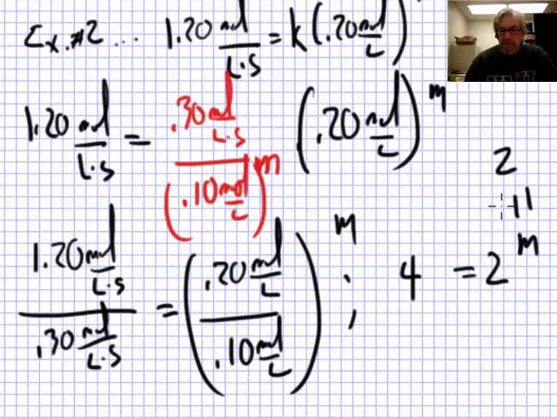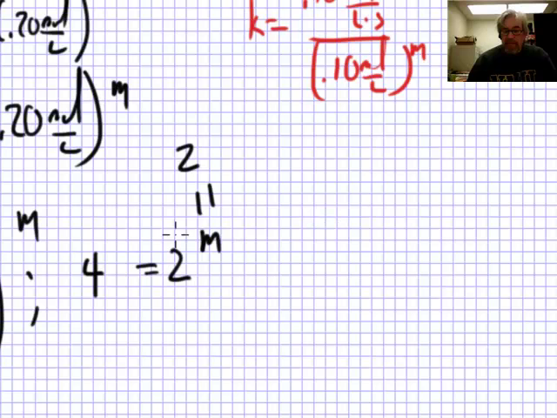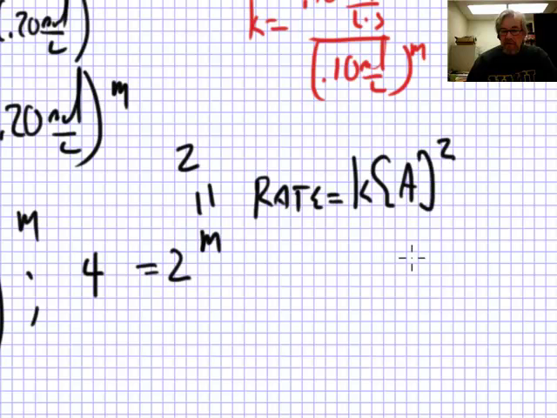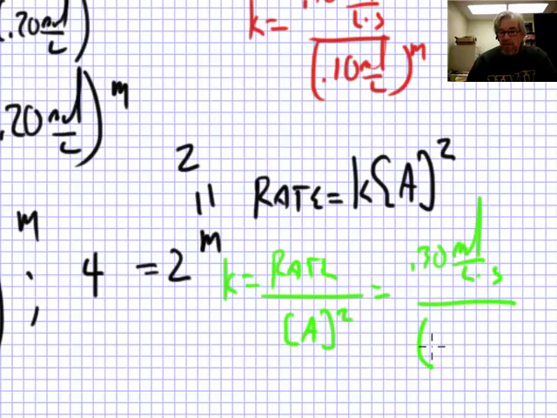Now that we know that, we can evaluate for K. Because we know that our rate law is equal to K times concentration of A squared. So that means K is equal to rate divided by concentration of A squared. So plugging in actual numbers from experiment number 1, the rate was 0.30 moles per liter second divided by our concentration. For experiment number 1, that was 0.10 moles per liter, but this has to be squared.